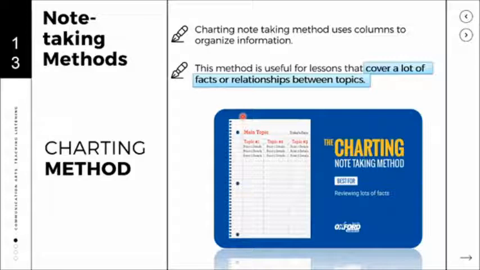This is very useful in history classes or in science classes wherein there is a lot of factual information that a teacher gives to you. This is what the charting method looks like, and again, this is best for reviewing a lot of facts.